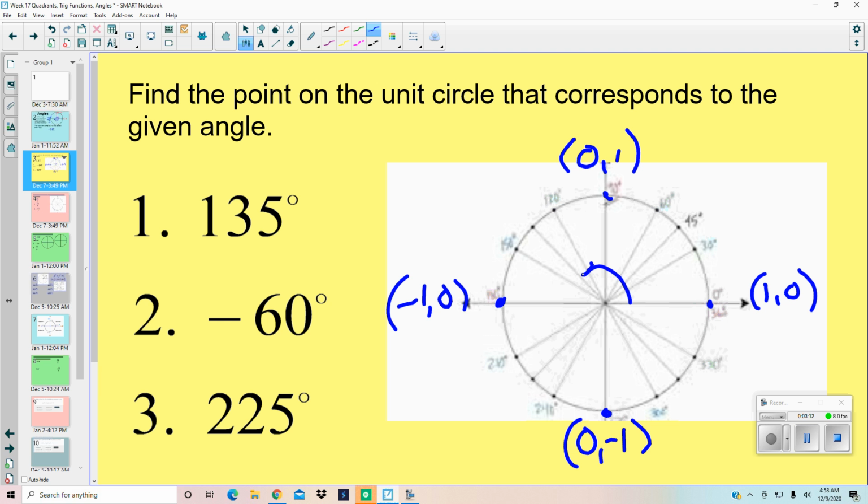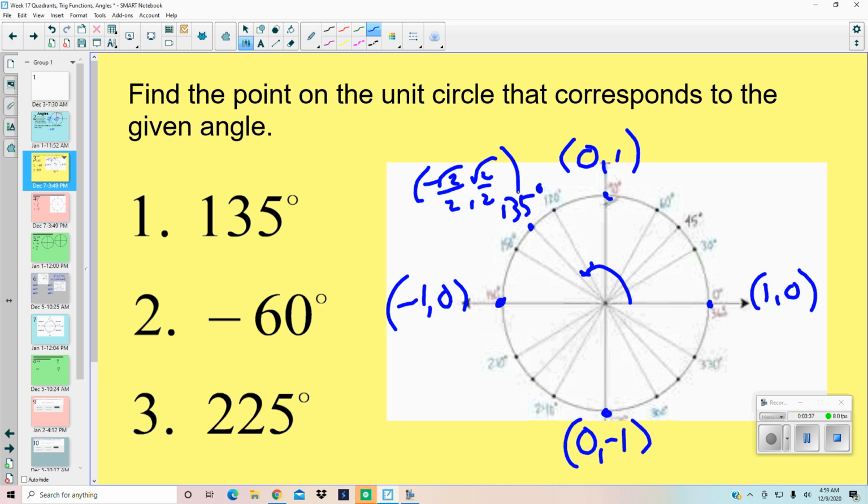This would be 135 degrees right here. So the ordered pair at 135 degrees is negative root 2 over 2, root 2 over 2. So the cosine of 135 degrees would be negative root 2 over 2, and the sine would be root 2 over 2. Cosine goes with the x-coordinate, sine goes with the y-coordinate.